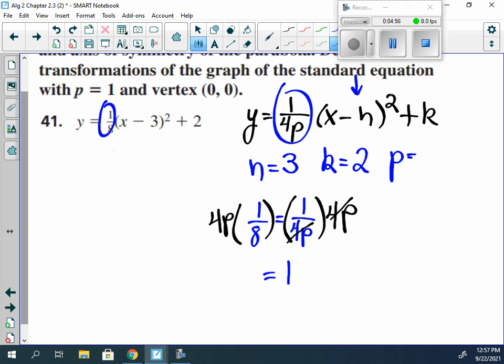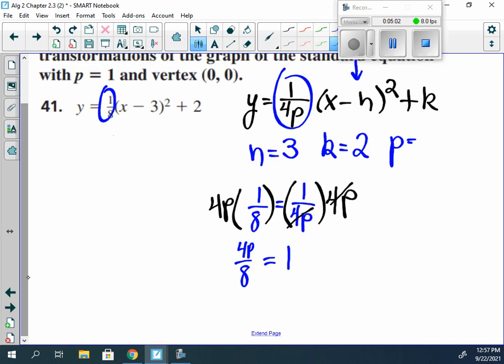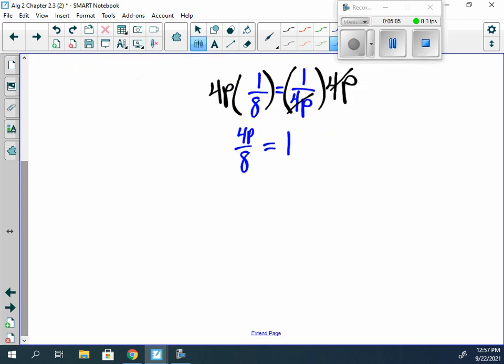Now 4p times 1/8 is 4p over 8. Well, 4 over 8 simplifies to 1/2, so 4 over 8 is a half. Any questions on this?